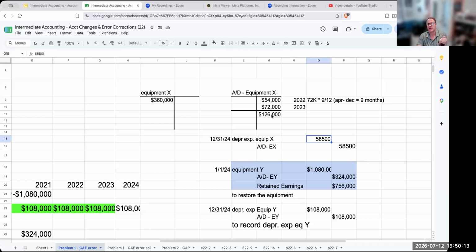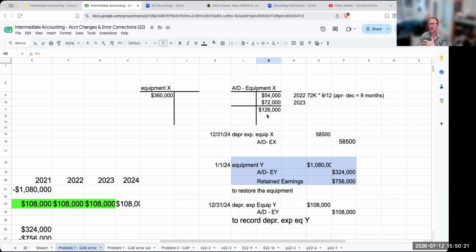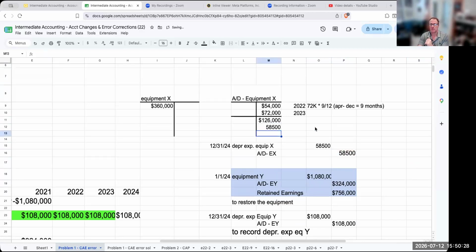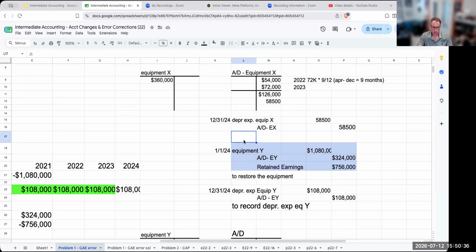We depreciated the asset up until the date of the change and applied the new information. We got that book value up to the date of change, and this is going to be our new depreciation expense, which is going to be 58,500. That's to record depreciation expense for equipment X.